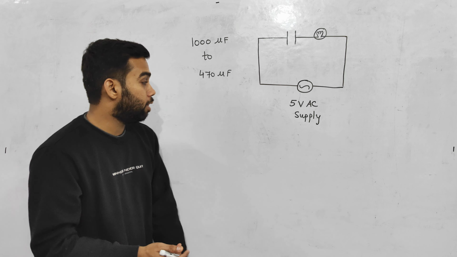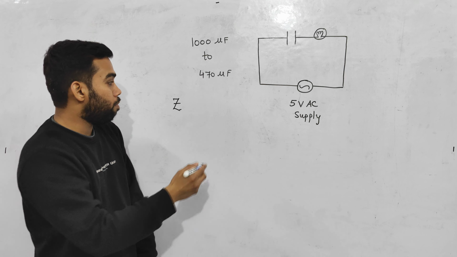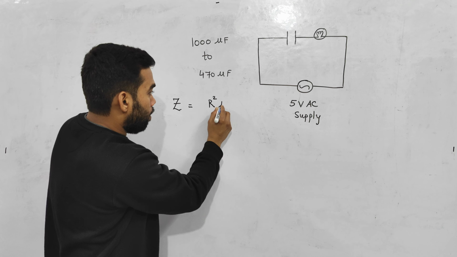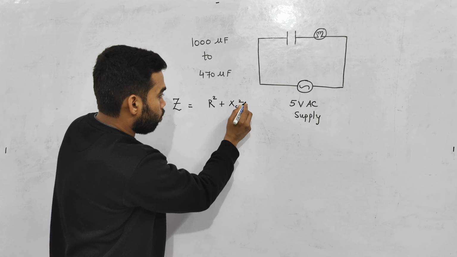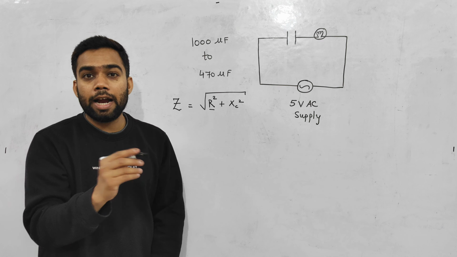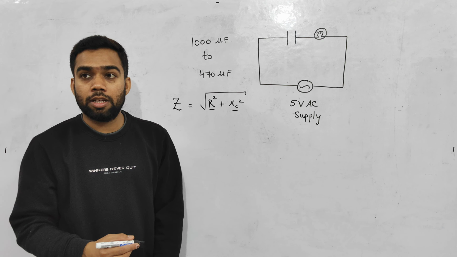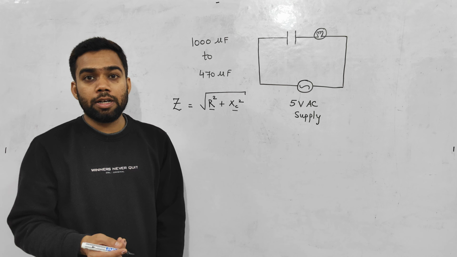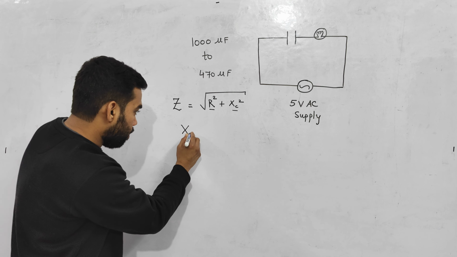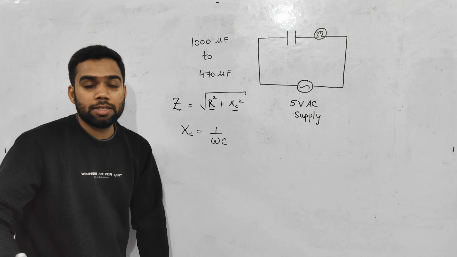It is given by this equation: Z, which is the impedance in ohm, is equal to the square root of R square plus XC square, where R is the resistance of the LED and the connecting wires, and XC, what is XC? XC is the resistance offered by the capacitor to the current. We know XC is given by this equation, 1 by omega into capacitance.